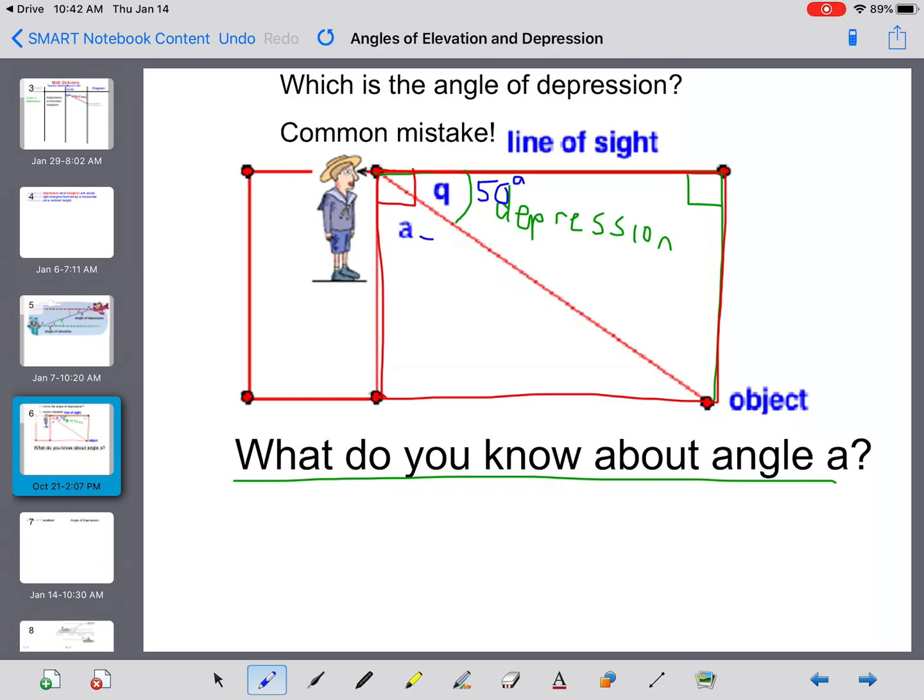That means angle A would have to be 40 degrees because this has to add up to 90 degrees. So angle A is something important because we could create this triangle, but when we use our angle of depression, we like to create this upside down triangle. So we place the correct angle of depression in its proper place.